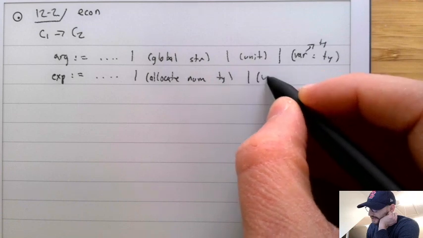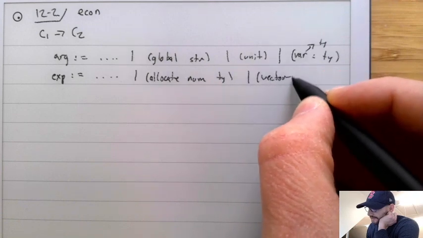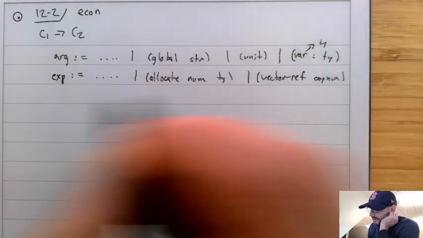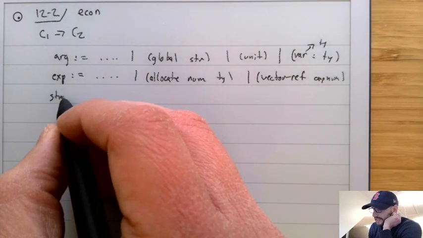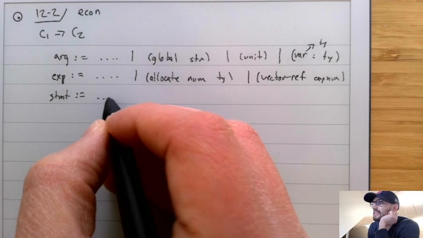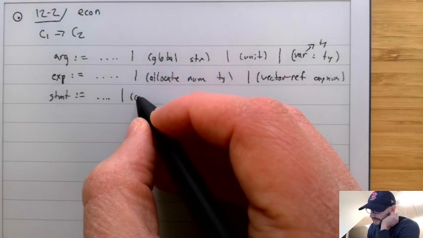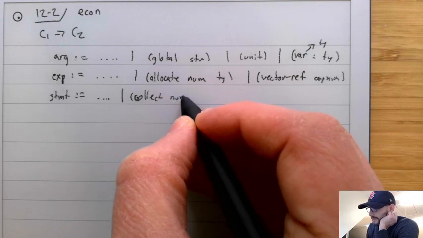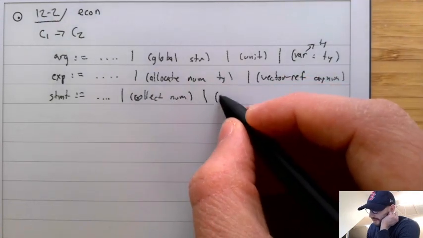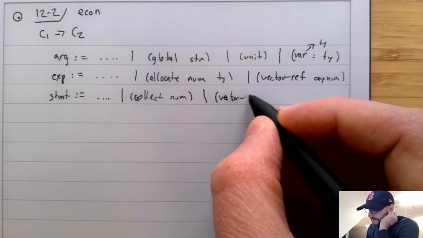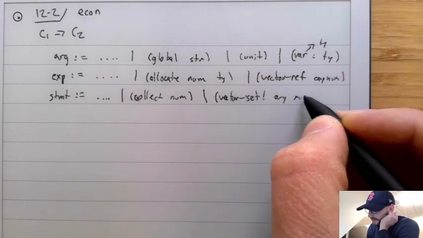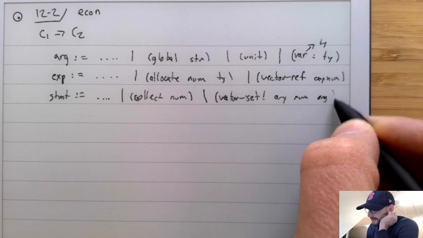And then there's also a vector ref, which has an argument and a number. And then finally, there's a new kind of statement. These new statements are when you have a collect of a number and when you have a vector set of an arg, number, and arg.